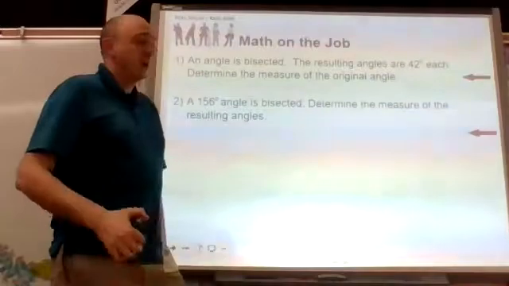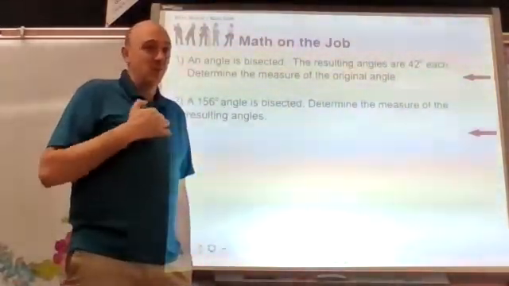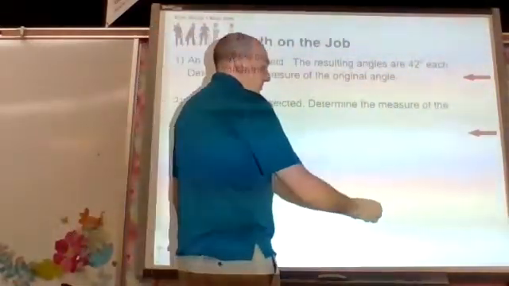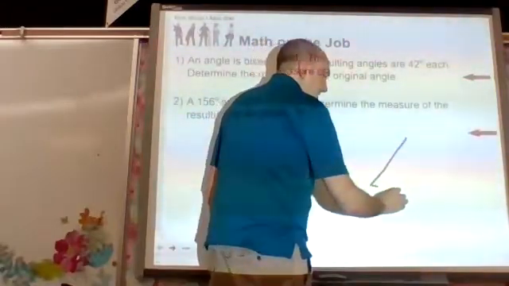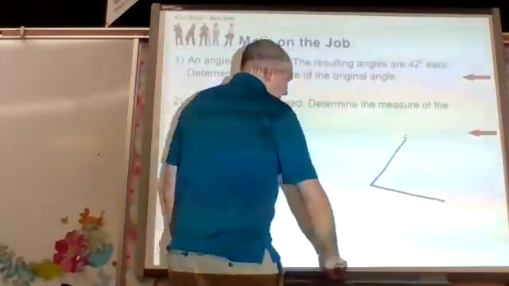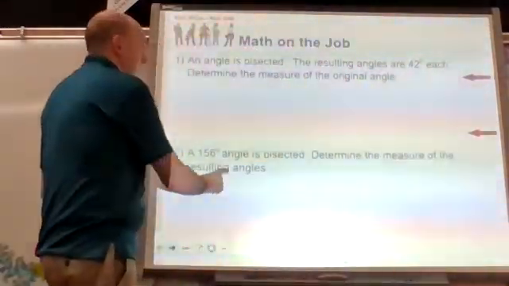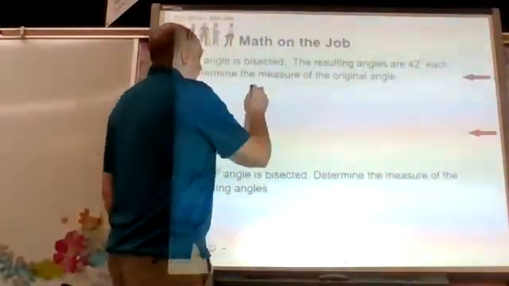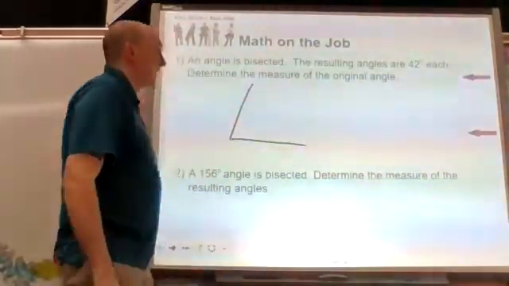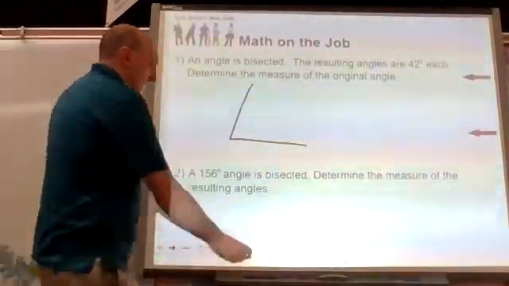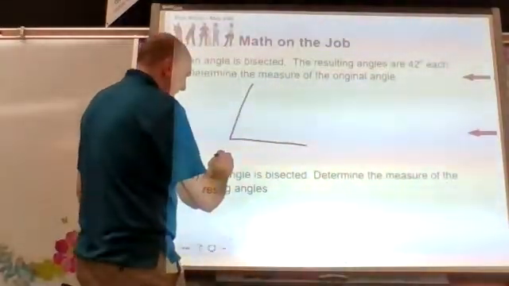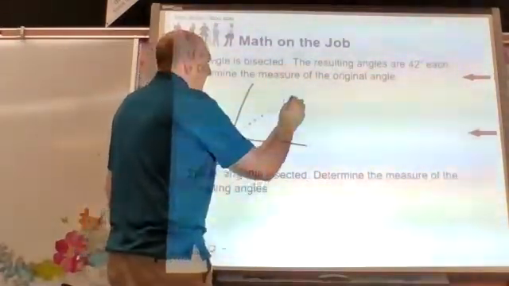So once again, bisection means that an angle was cut in half. So if we start with some angle here, let's erase this a little bit so I can move this one down. We start with some angle here. Don't know how big it is. When we bisect it, we cut it in half with another ray.